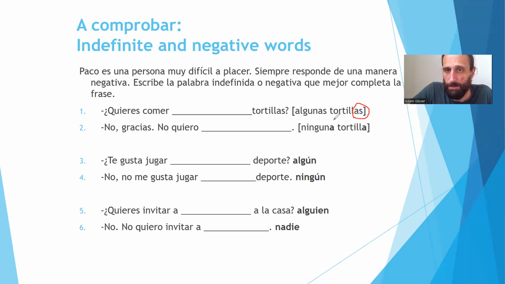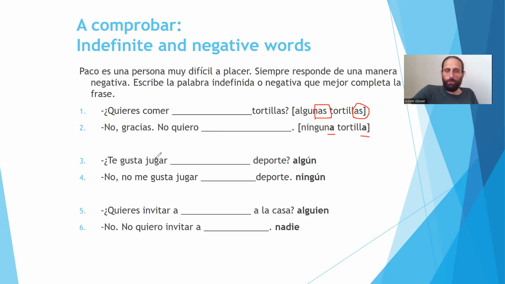So the as there has to be mirrored by the as in algunas. Algunas tortillas. Number two, no, no, gracias. No quiero ninguna tortilla. Why ninguna? Because tortilla is singular and feminine. So ninguna also has to be singular and feminine.